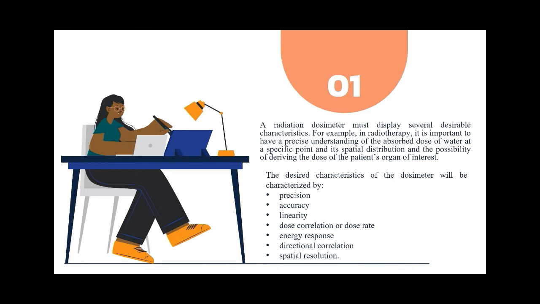The desired characteristics of the dosimeter will be characterized by precision, accuracy, linearity, dose correlation or dose rate, energy response, directional correlation, spatial resolution.